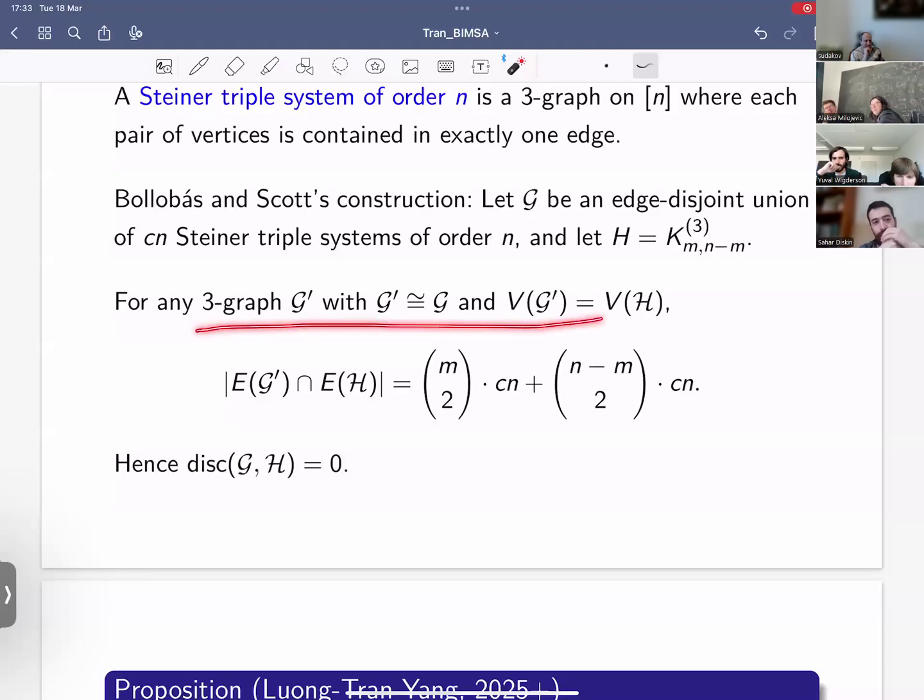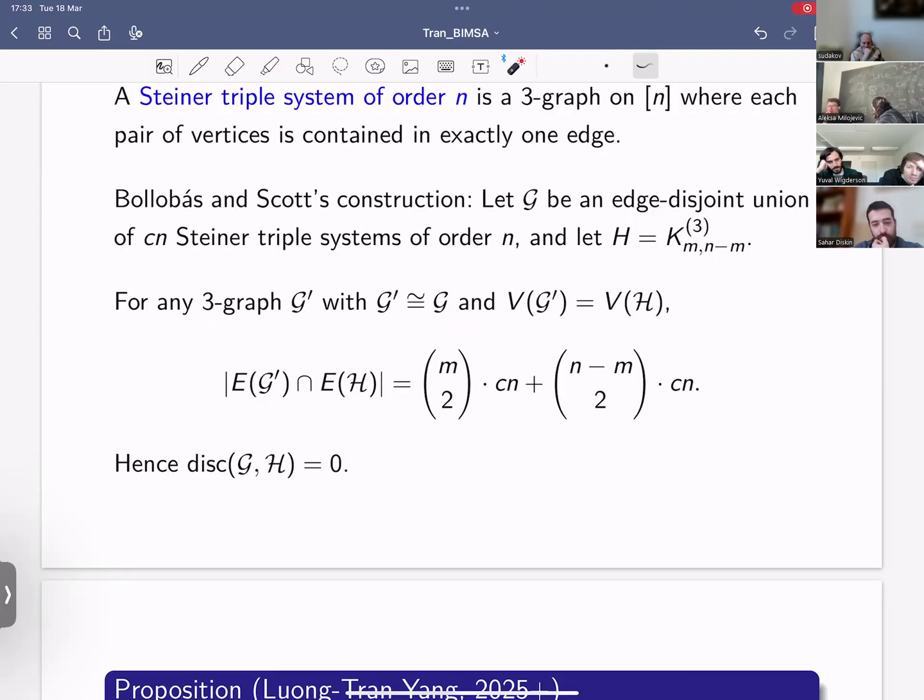And from the definition, we only need to consider a 3-graph G prime, which is isomorphic to G and which has the same vertex set as S. And we look at the intersection of G prime and S. So m choose 2 is the number of pairs of vertices in the first part.